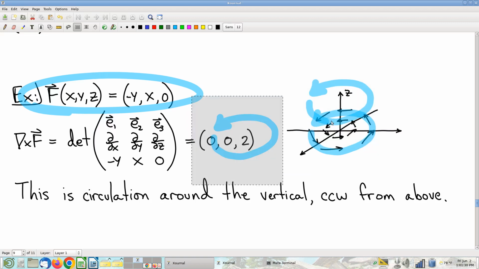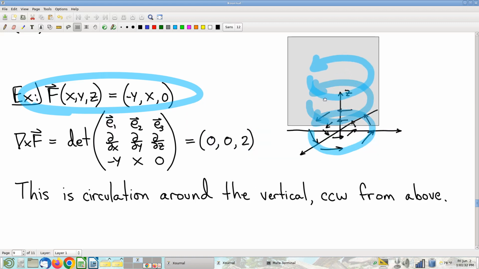Now that we have a three-dimensional version of it, it's likewise at all altitudes. So this is really representing something that you might call a little tornado, where the fluid is going around the z-axis. So let's compute the curl.